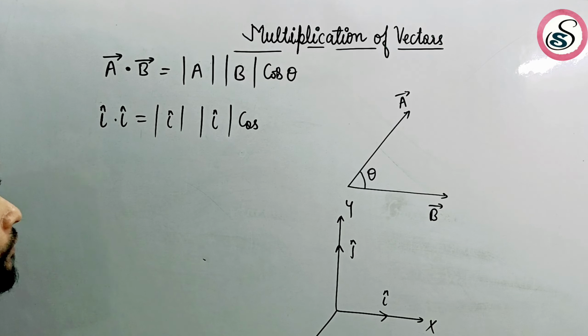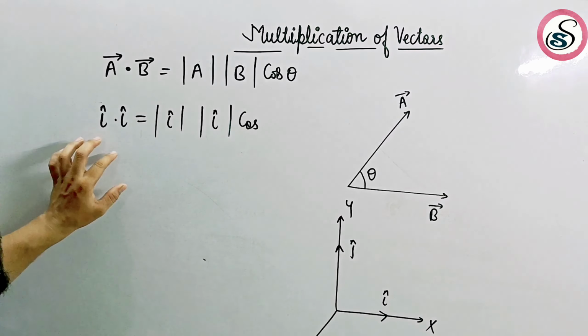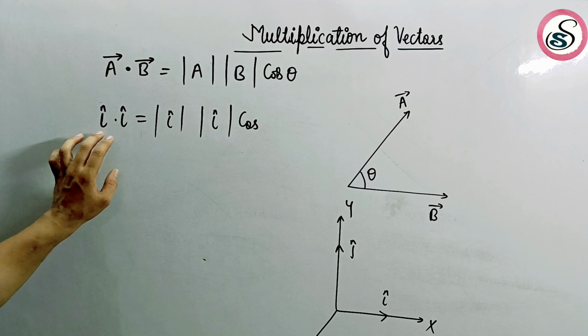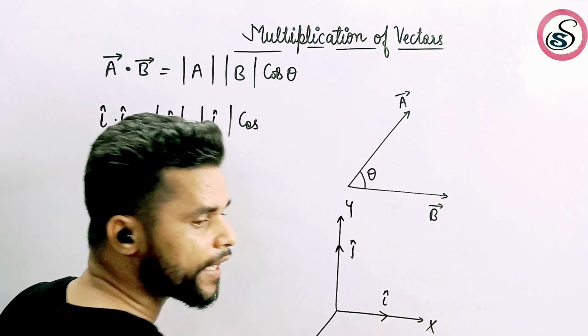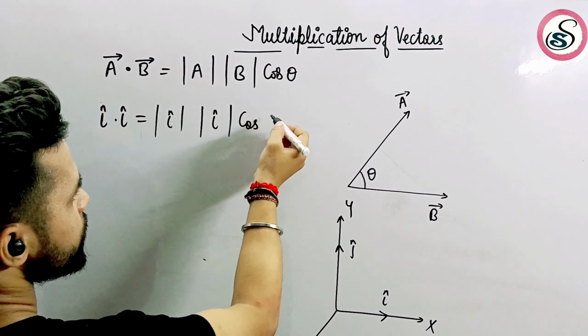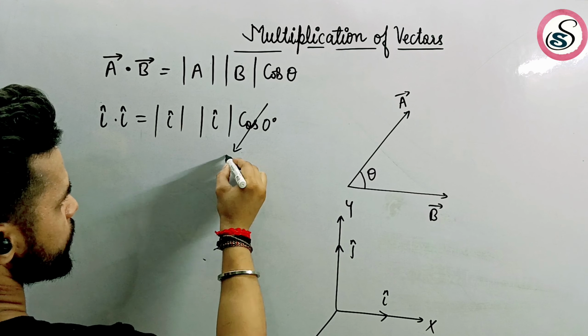What is the value of theta here? Both unit vectors are the same, and the angle between I cap and I cap is 0 degree. So theta is 0 degree, and cos 0 is 1.